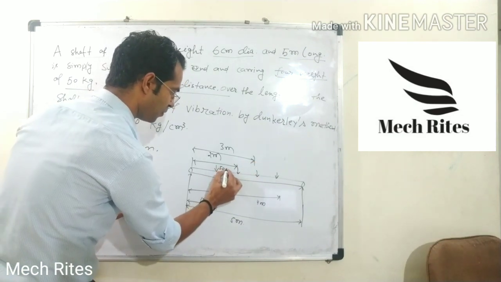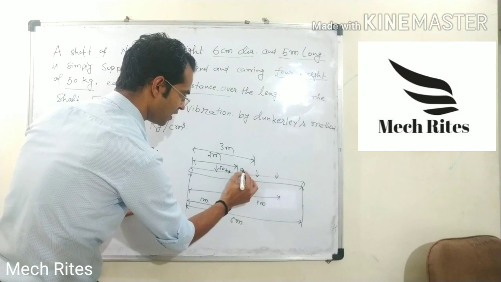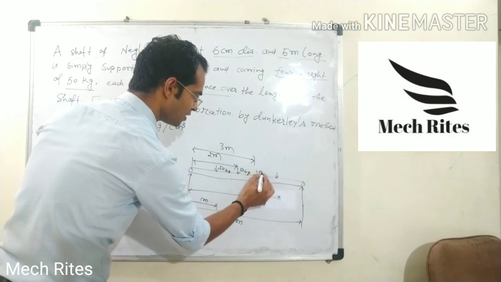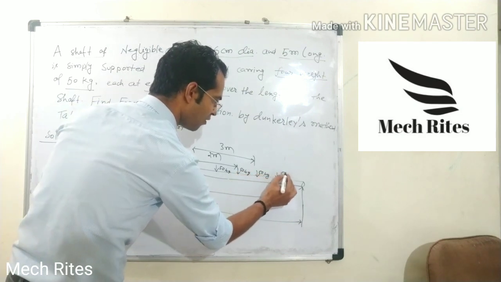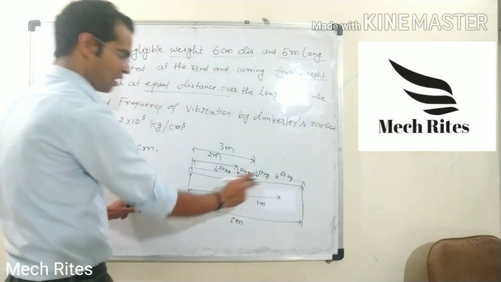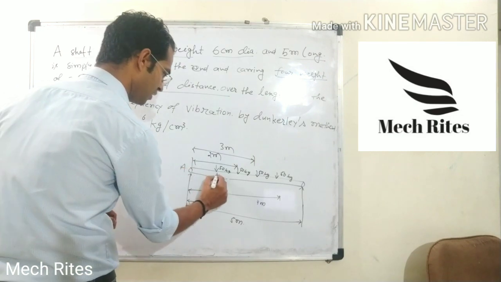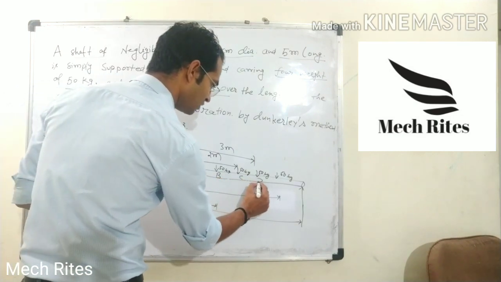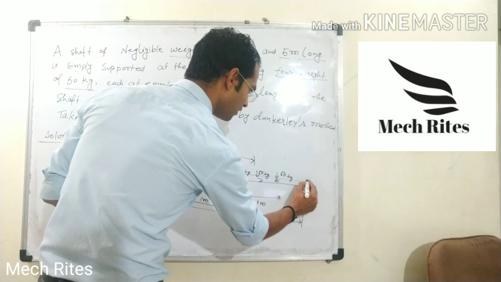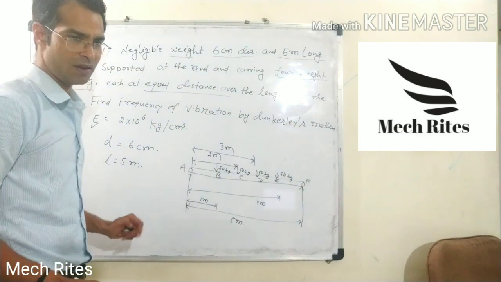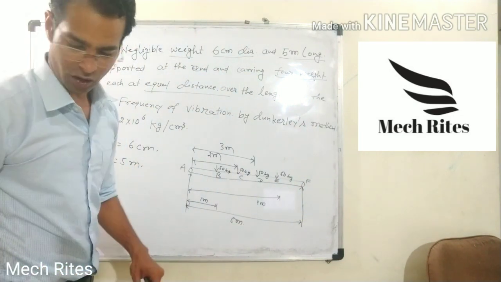Everyone is 50 kg, 50 kg, 50 kg and 50 kg. There are a total of 4 masses. Let us assume A, it is B, it is C, it is D, it is E and it is F. Okay, so let's start how to solve this question.